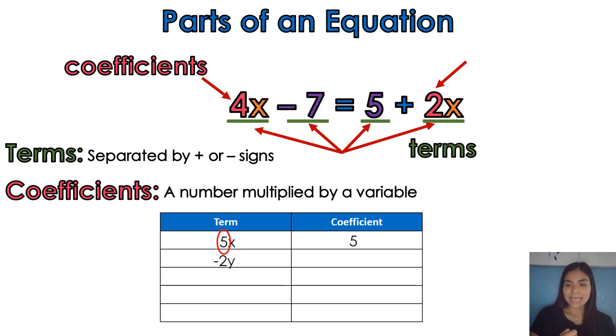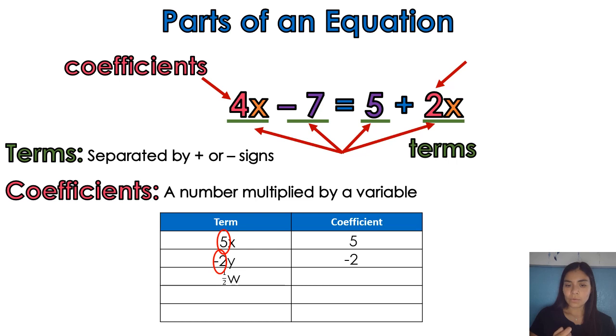What about -2y? What is the coefficient? In this case, we're taking the number -2 and we're multiplying by the variable y. So the coefficient is -2. Make sure to always include the sign that's in front of it. So if it's negative, include that negative.